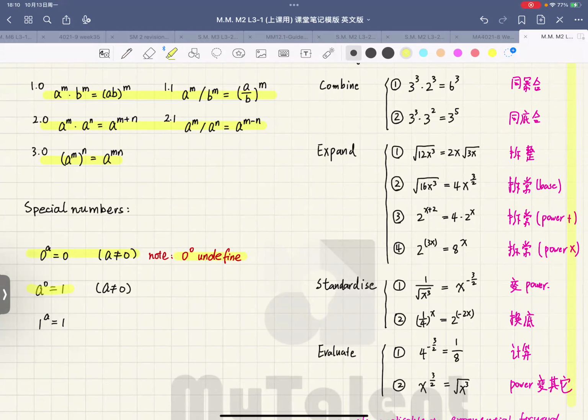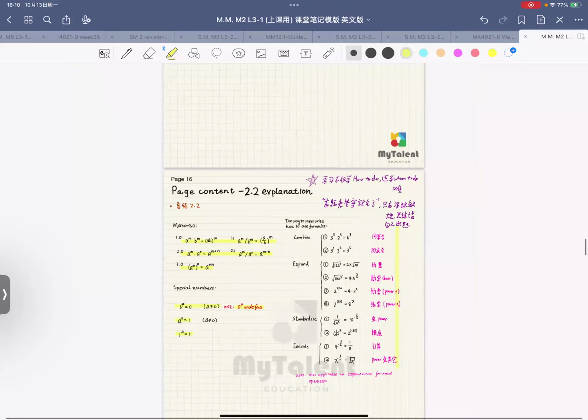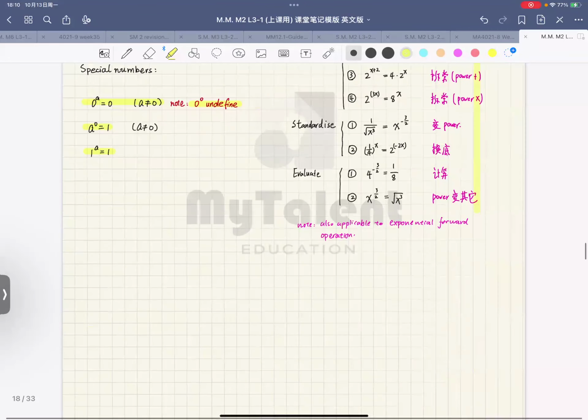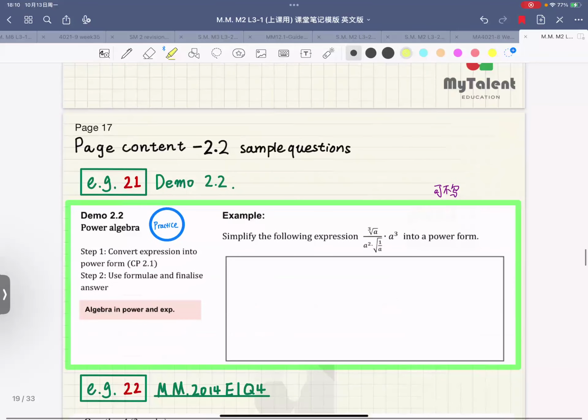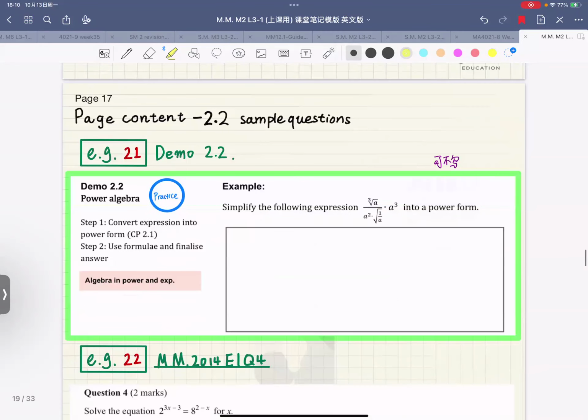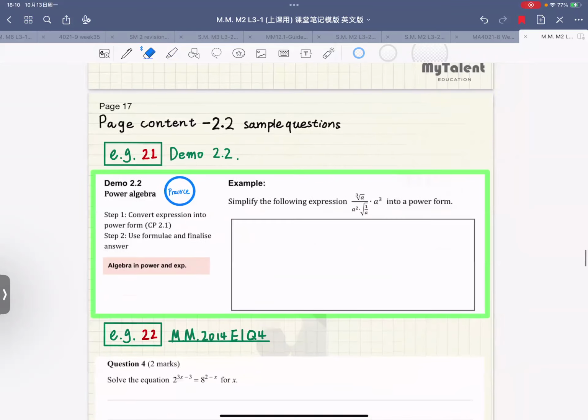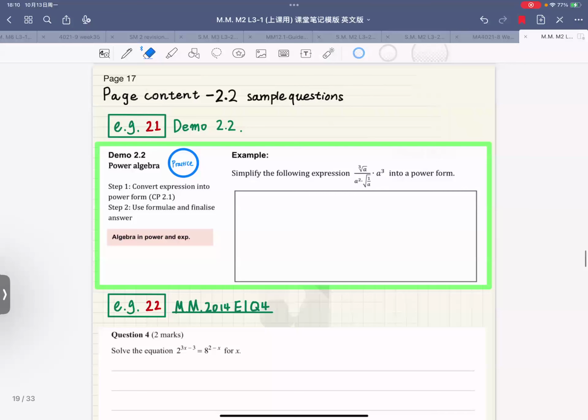Any number to the power of 0 is equal to 1. And 1 to the power of any number is always equal to 1. All right. That's basically a summary. Any questions so far? No? Okay. Now, I'll probably use this as homework.